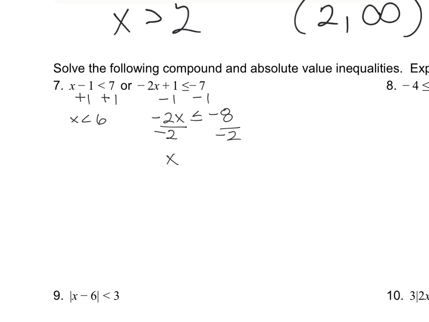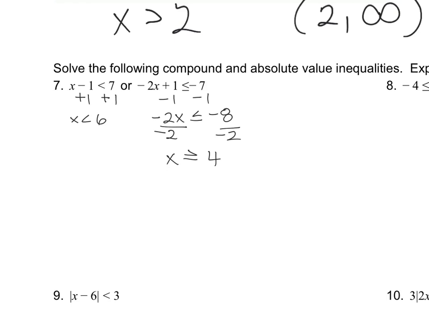Anytime you divide an inequality by a negative number, you have to flip the inequality. So because I divided by negative 2, my less than or equal to becomes a greater than or equal to, and negative 8 divided by negative 2 is positive 4. Just to refresh your memory, anytime you multiply or divide by a negative, you have to flip the inequality.